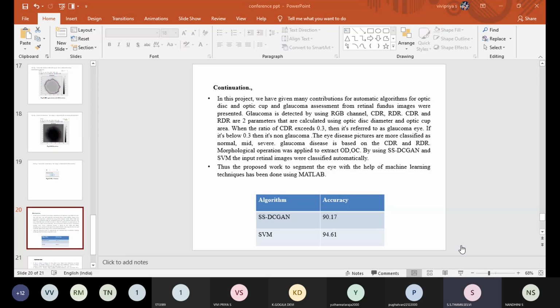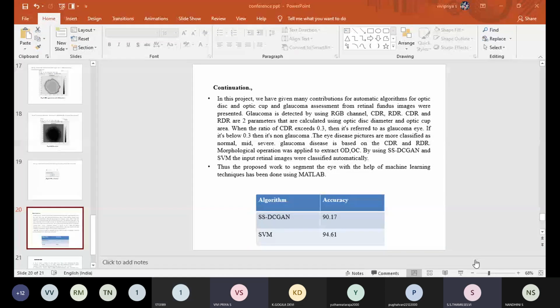What is the CDR value of your analyzed image? 0.7, ma'am. So if any image has a value greater than 0.3, you are saying it is an affected image. Is that right? Yes, ma'am.